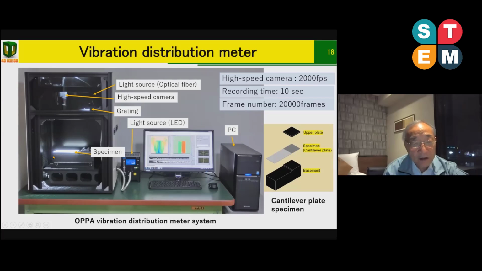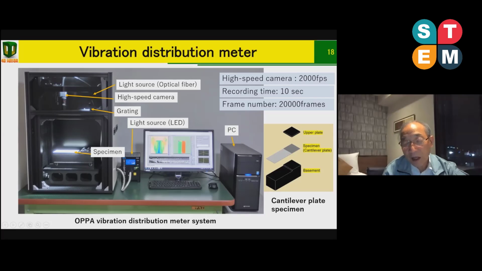By recording this grating image using this high-speed camera, we can obtain the vibrating grating image. In this case, the specimen is aluminum, and this end is fixed on this heavy basement, and this end is a free end.